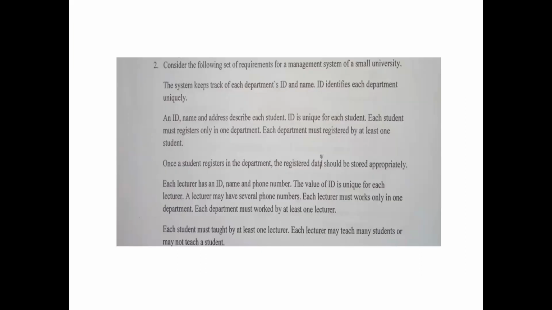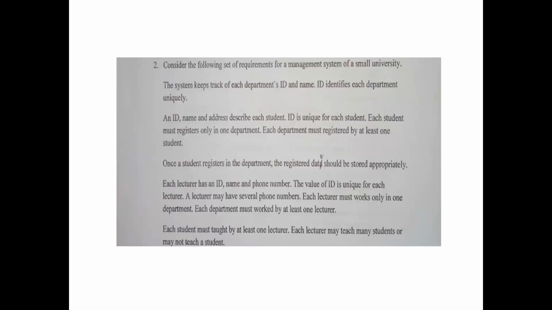Each lecturer must work only in one department, and each department must work by at least one lecturer. That means one lecturer can work only in one department, but one department can have one or more lecturers.